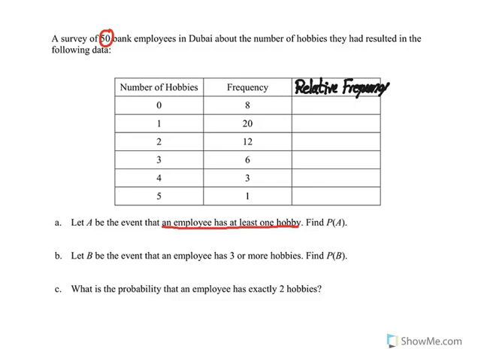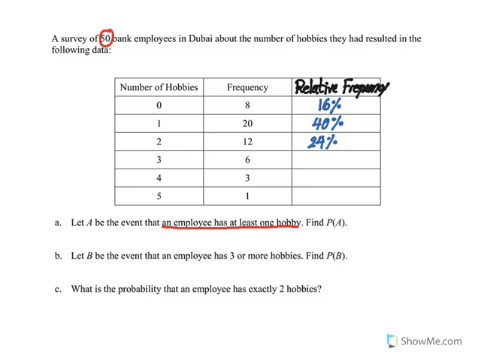And if you do this, for 8, you will get 8 over 50 times 100. This will be 16%. Or you can write it as 0.16. For 20, 20 over 50 times 100, that's 40%. 12 over 50 times 100 is 24%.